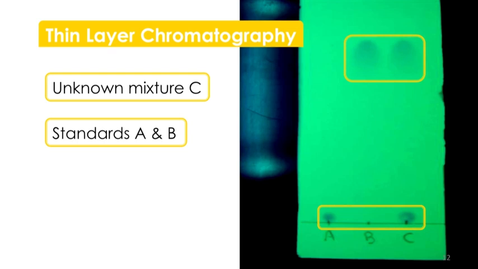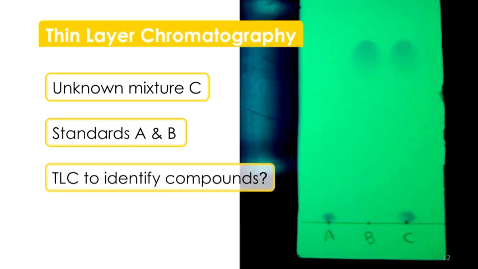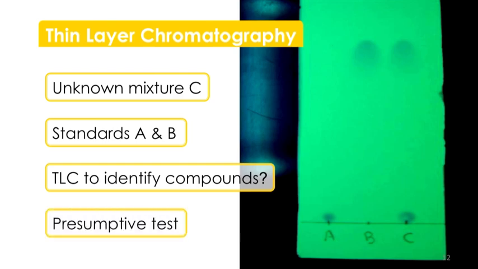Does this mean that we can use TLC as a technique for identifying compounds? The answer to that question is not straightforward, because TLC is what we call a presumptive test. Now, a presumptive test is a test that cannot give you a definitive answer.